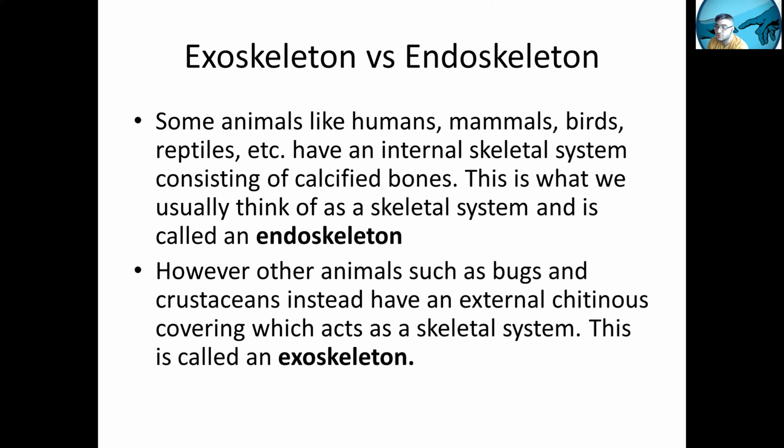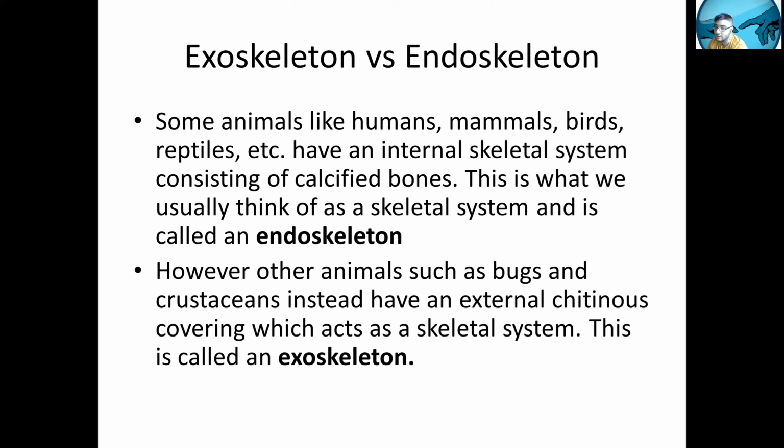Some animals like humans, mammals, birds, most reptiles, etc., have an internal skeletal system consisting of calcified bones. This is what we usually think of when we think of a skeletal system, but it's actually called an endoskeleton. And this is only part of what makes a skeleton a skeleton.